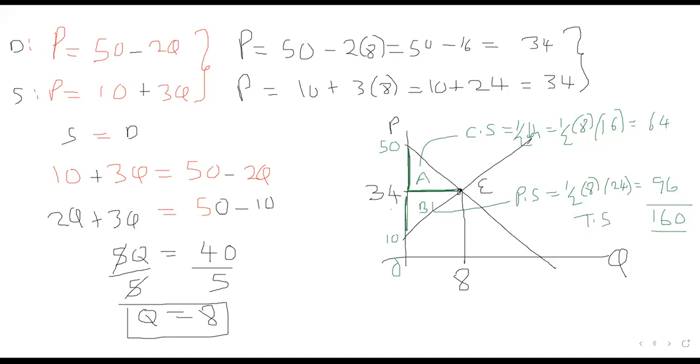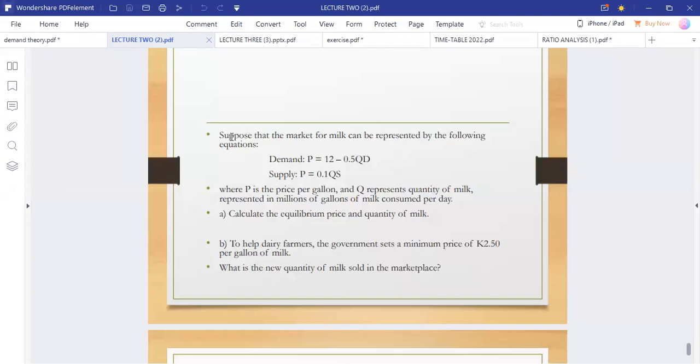Now, each of those slides has an exercise at the end. I want us to try this question together from what we have discussed. We're told that our market has the following demand and supply. We're being asked to get the consumer surplus, the price and quantity.